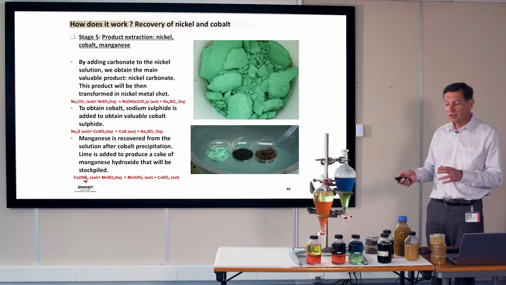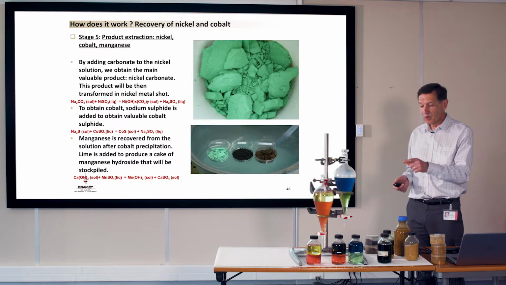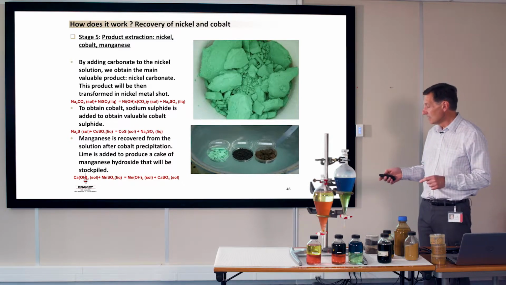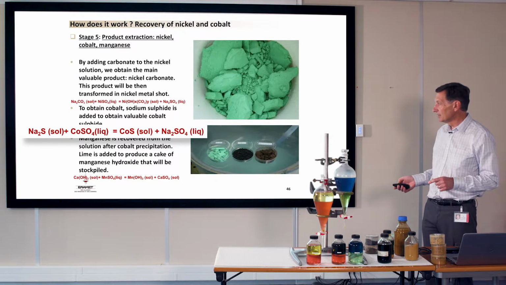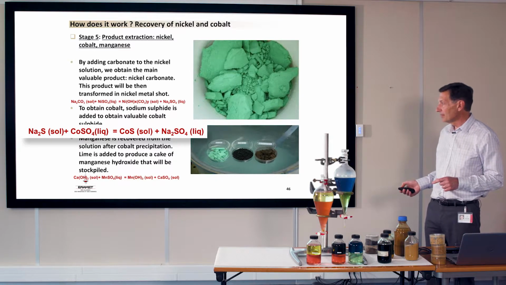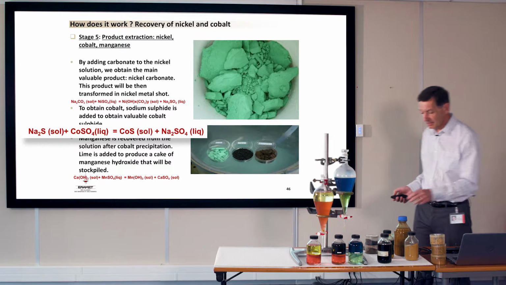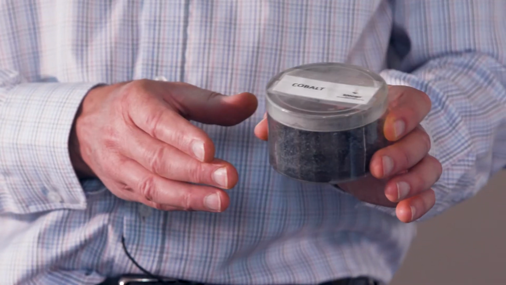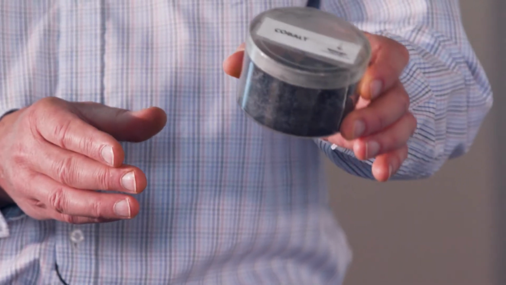For the other part, for the cobalt and manganese solution, we precipitate selectively cobalt sulfide by adding sodium sulfide, and you obtain this brown, rather gray product, that's the cobalt sulfide.